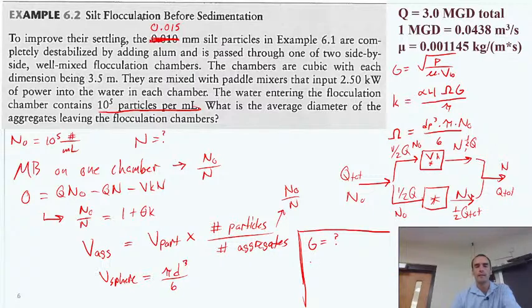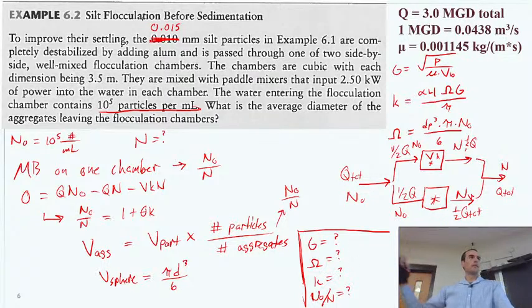So things like K, omega, G, and N naught over N. I might not ask every single one of these, but ultimately I'll be checking steps along the way. And then of course the diameter of the aggregate itself.